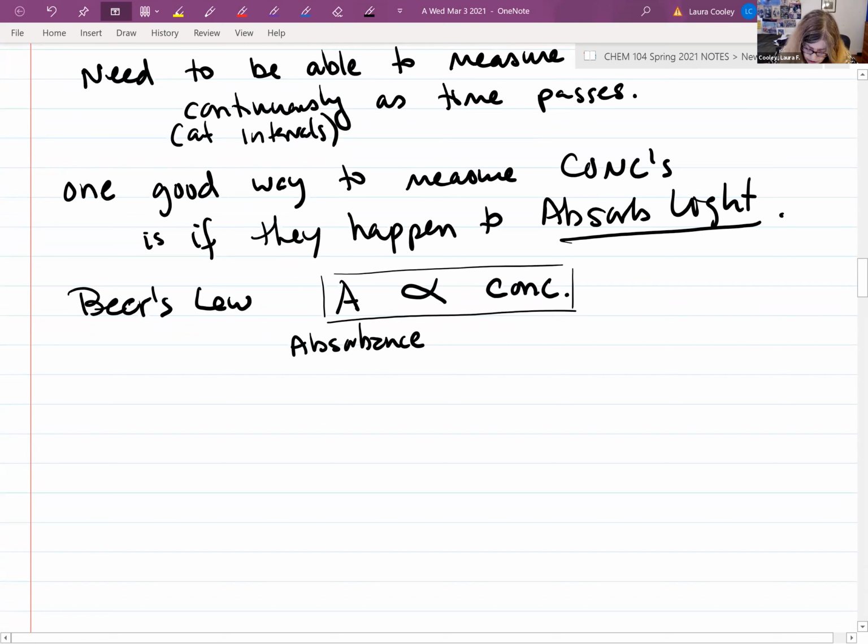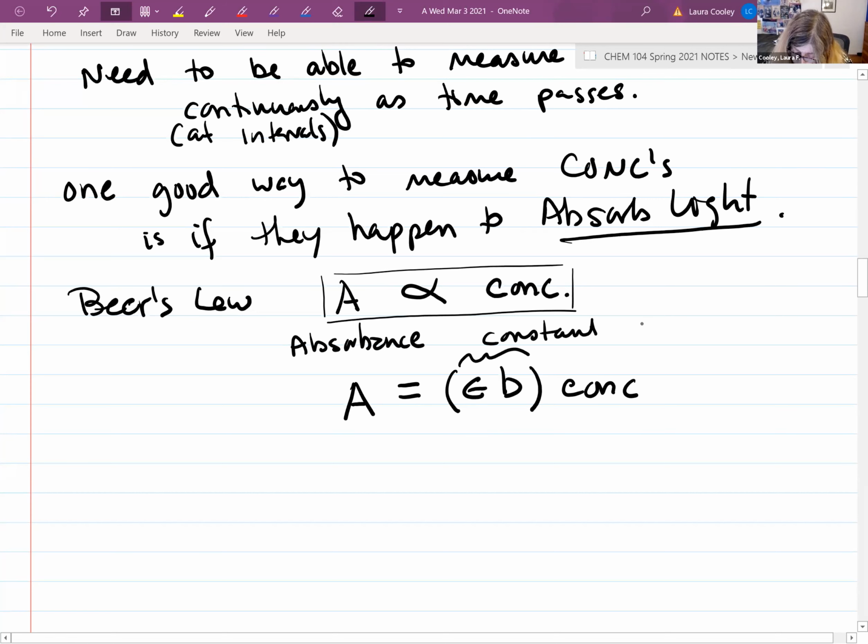So this is Beer's law, but when you have a proportion like this, it means that it's equal to a constant times the concentration, all right? That constant looks funny. It's 2 different constants actually, but it doesn't matter. It's constant, and we know what this number is. This is well known for crystal violet. Crystal violet is a dye, and we know a lot about its absorption of light.